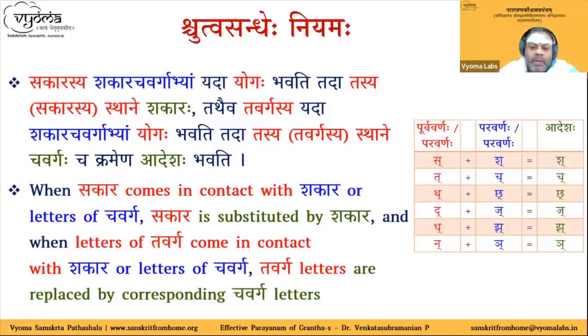Please read the English properly. When sakara comes in contact with shakara or letters of chavarga, sakara is substituted by shakara, and letters of tavarga, when it comes in contact with shakara or letters of chavarga, tavarga letters get replaced by corresponding chavarga letters.